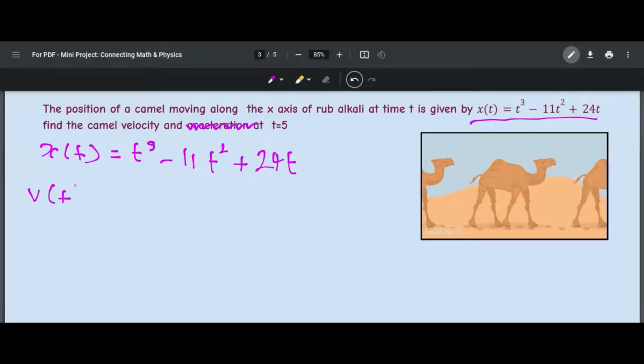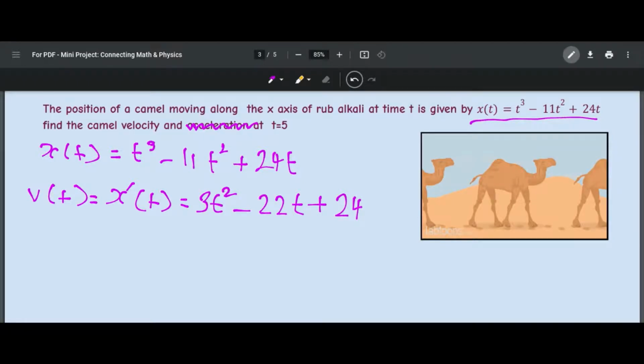So v of t equals the derivative of x of t, which equals 3 times t is 3t, and then 3 minus 1 is 2, minus 2 times 11, 22, and 2 minus 1 equals 1, so we will not write it, plus 24 times 1 is 24.